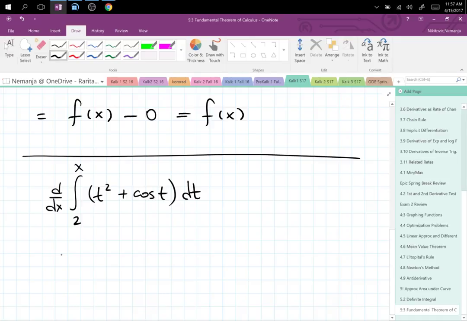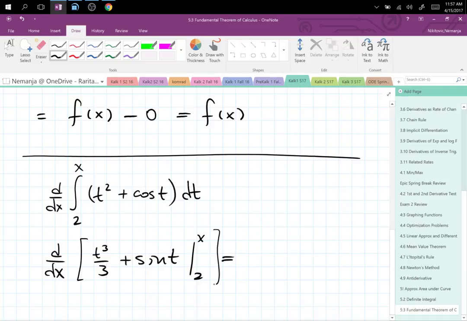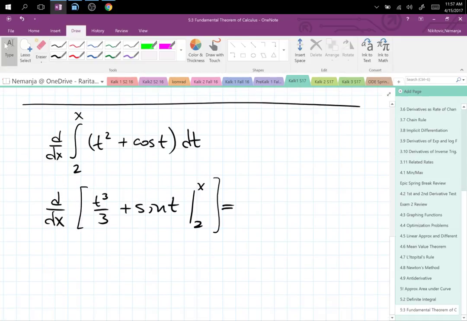So let's see. I have the derivative. This becomes t cubed over 3 plus sine t computed from 2 to x. I will plug these values in and get x cubed over 3 plus sine x minus 8 over 3 minus sine of 2.